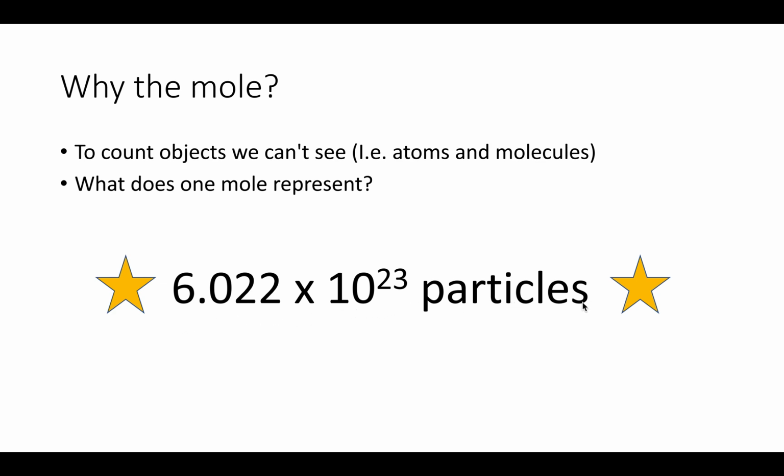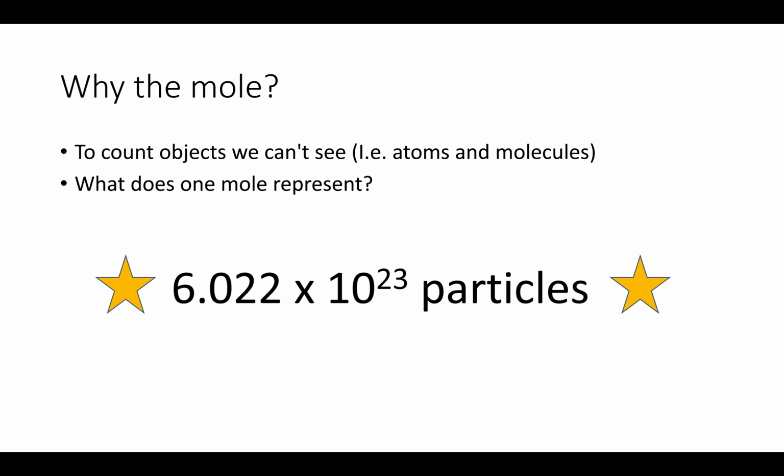Just like 1 dozen eggs equals 12 eggs, 1 mole equals 6.022 times 10 to the 23rd particles. So let's say I have 1 mole of eggs. That means I have 6.022 times 10 to the 23rd eggs, which is way too many eggs if you actually think about it. But that is what that unit represents.